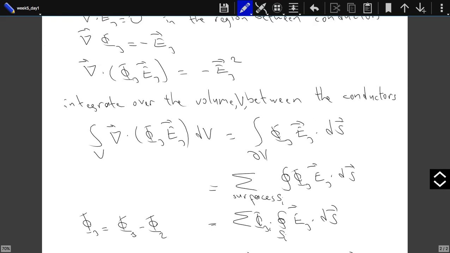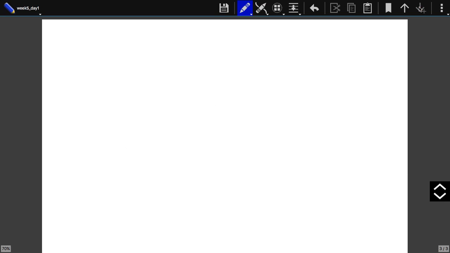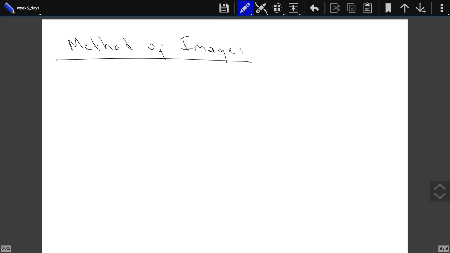Now let's do an application of these. An application is the method of images. If you had a hard time following the uniqueness theorems and their proofs, don't worry. What we need to know is that given the boundary conditions, whether we have these conductors with total charge such and such, or the potential should have this value on the boundary, the electrostatic potential is unique.